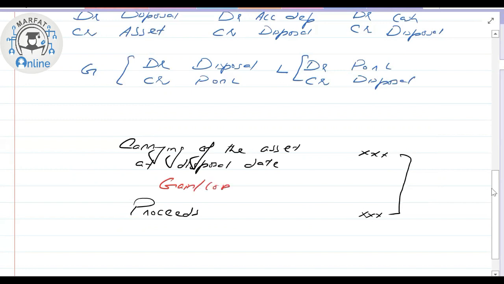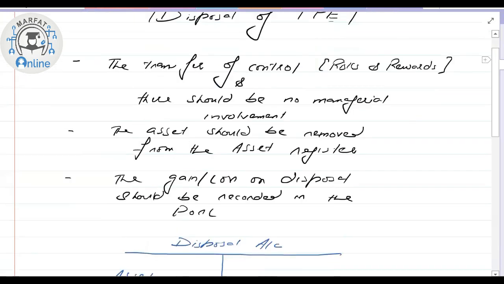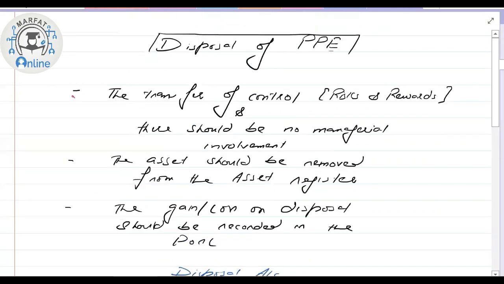So remember this thing that when the entity is selling the asset, the first thing should be that there is a transfer of control. Then if there is a transfer of control, the asset should be removed from the asset register and gain or loss should be recorded in the profit or loss.